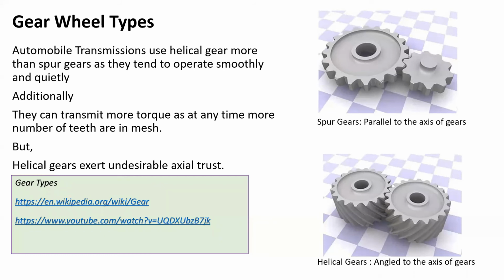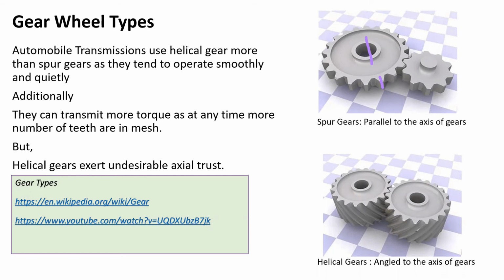Spur gears are parallel to the axis of the shaft that the gear wheel is on, right? These gear wheels are simple to manufacture and less costly, but not in use most of the time. The reason being, we have a better type of gears.